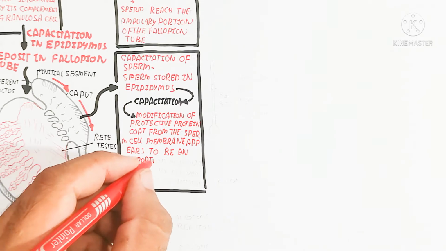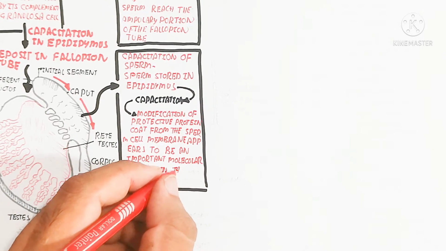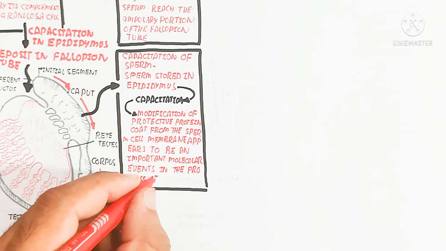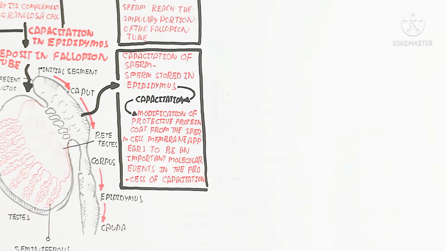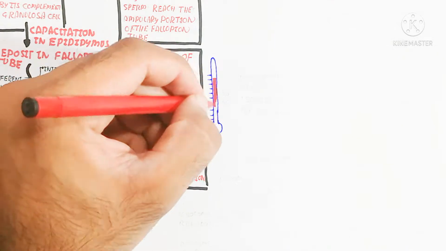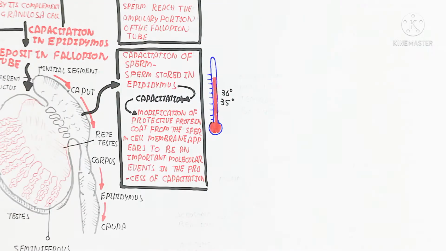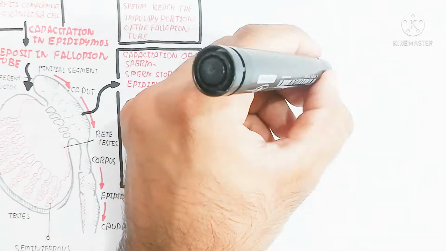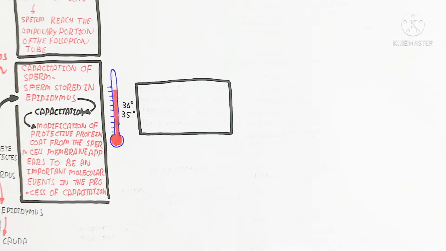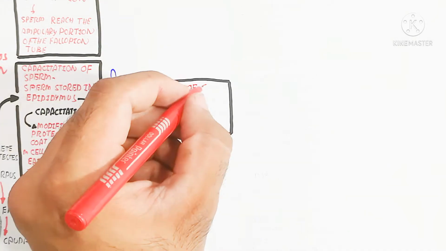Here I am drawing the sperm structure, the whole mature sperm, which contains a head, midpiece and flagellum. First of all, I want to say that a temperature of 35 to 36 degrees Celsius is required for the maturation of the sperm, and this temperature is controlled by the hypothalamus.